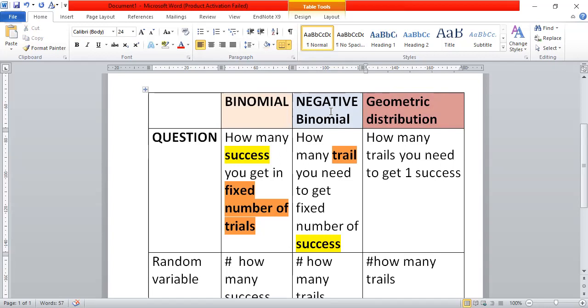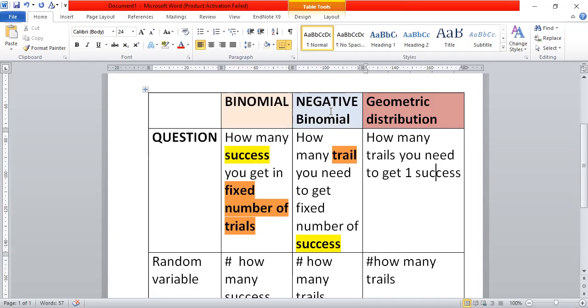A common example of this is: how many trials do you need to get 100 passing units, right? How many trials do you need to get the total passing units required? In the geometric distribution, how many trials do you need to get 1 passing unit, meaning the first success?